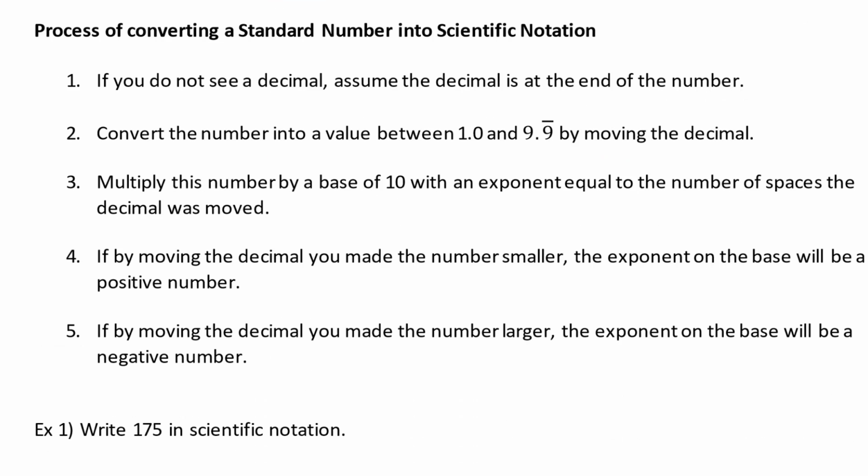Let's review the process of converting a standard number, the way that we usually express numbers, into scientific notation. So let's go through them. If you do not see a decimal, you assume the decimal is at the end of the number. We reviewed this when we were talking about percentages earlier in the course. Convert that number to a value 1 or greater, but less than 10, by moving the decimal point either left or right.